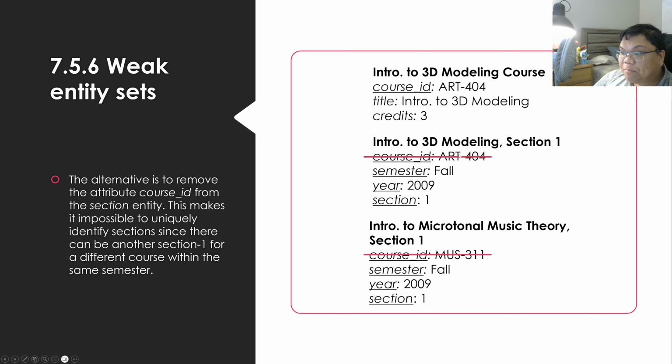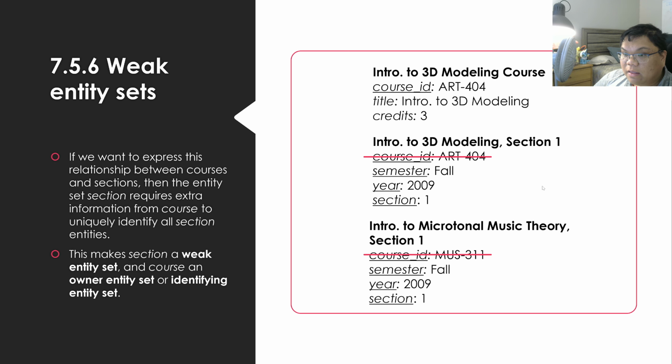For us to tell apart these two different entities, we need extra information in the form of the course ID from their corresponding courses. This makes section a weak entity set, and this also makes course an owner entity set or identifying entity set, because course contains extra information that we need to tell apart different sections.